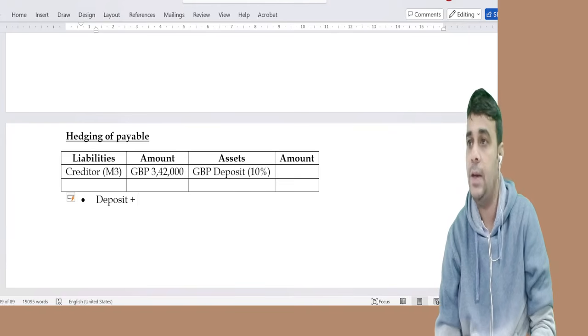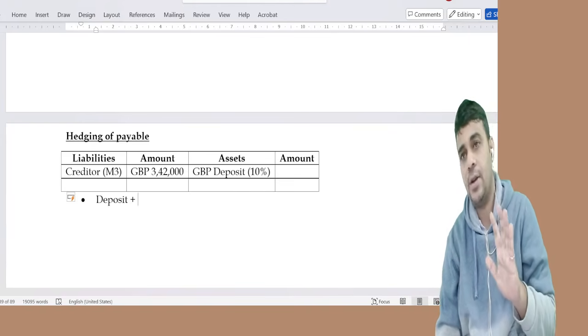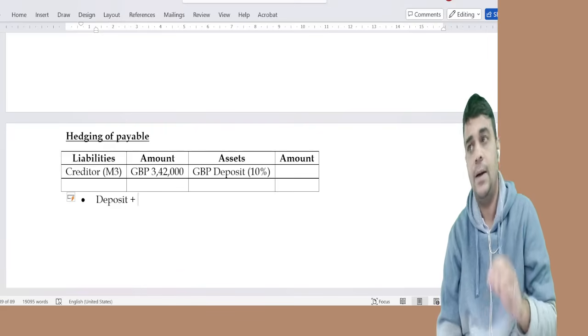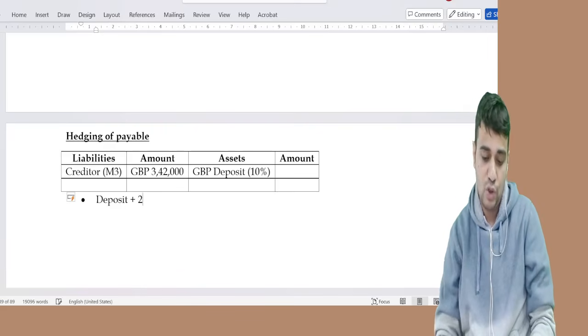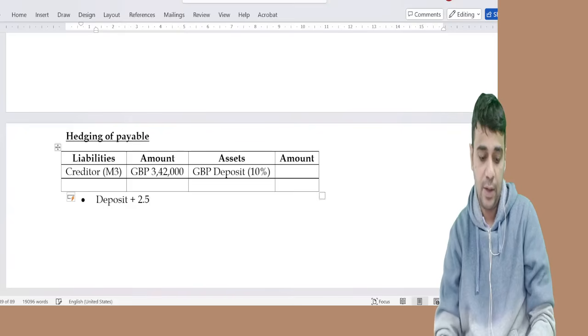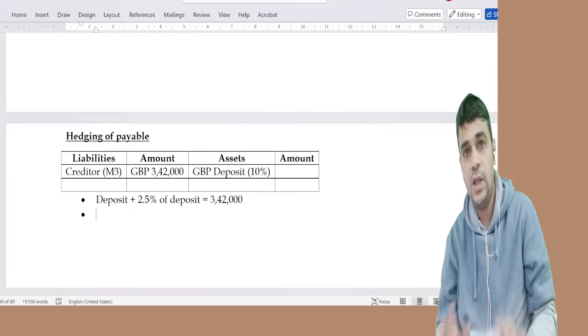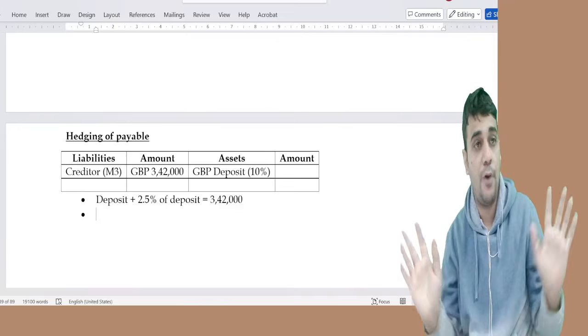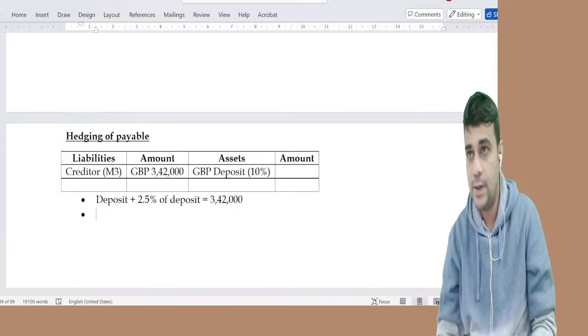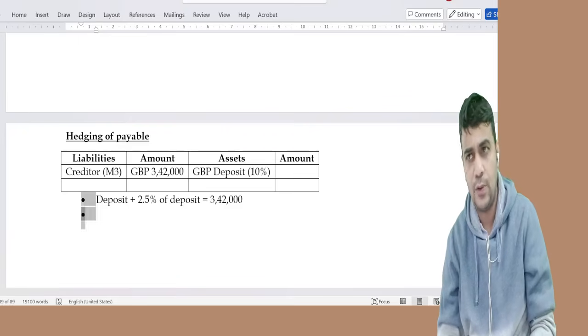Come down. Deposit plus proportionate 3-month interest, step by step. Deposit plus 2.5% of deposit is equal to 3,42,000. This question I will myself not be able to do without known unknown, because INR is not there and I myself will have a lot of confusion.